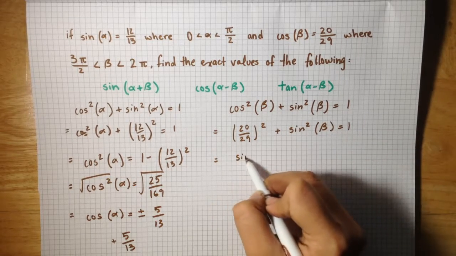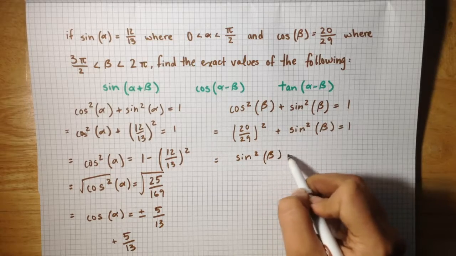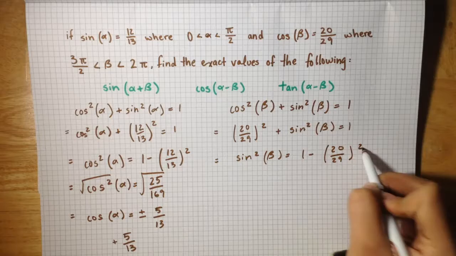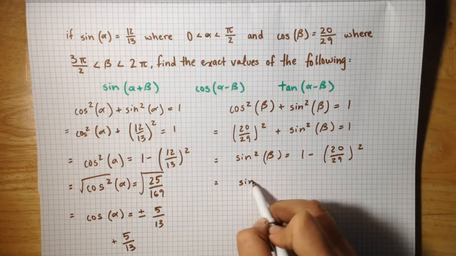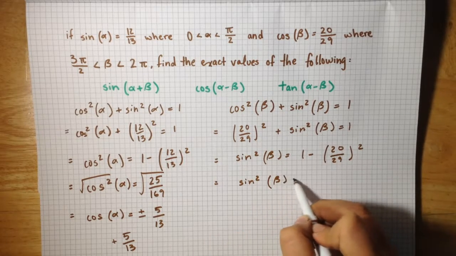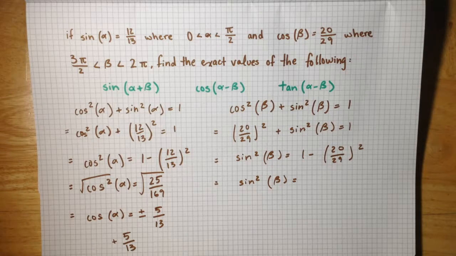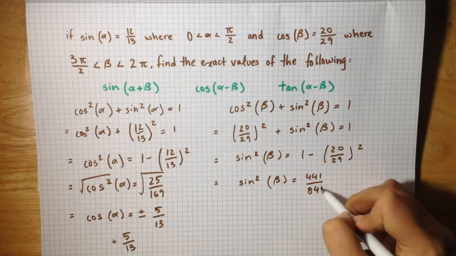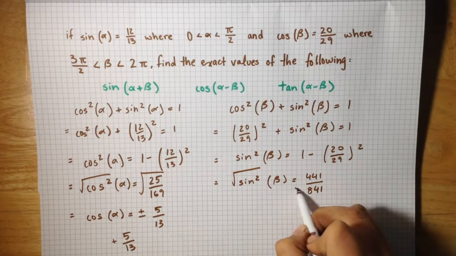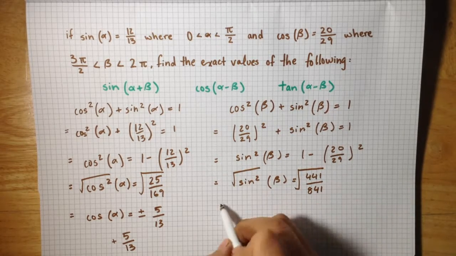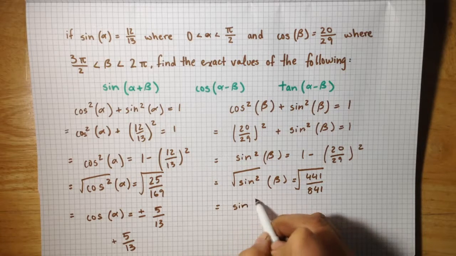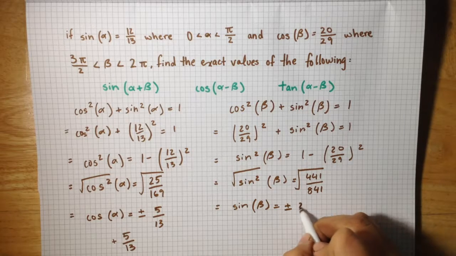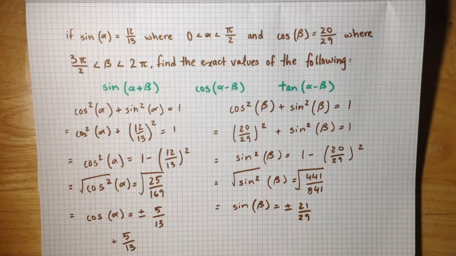Rearranging the equation to equal sine squared beta, I get 1 minus 20 over 29 squared. Putting this into the calculator, I get 441 over 841. Square root both sides to get rid of this squared. And I get sine of beta is equal to plus or minus 21 over 29.